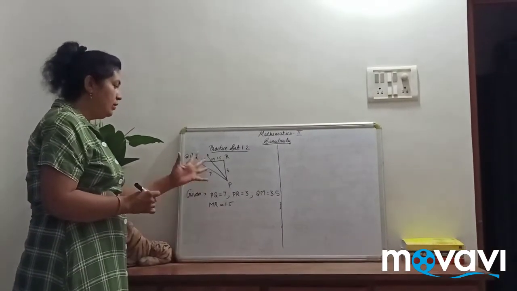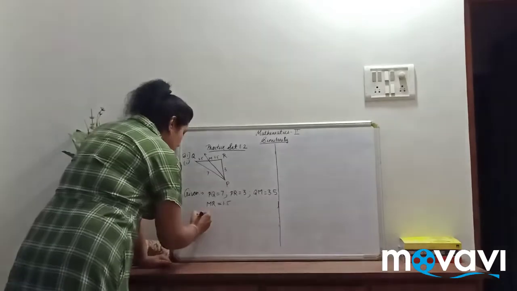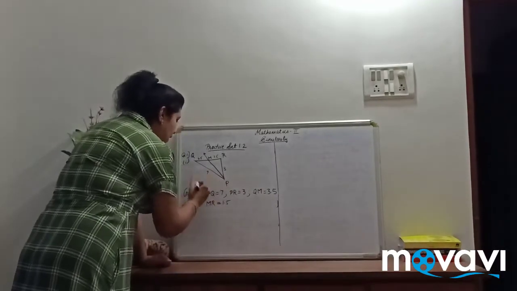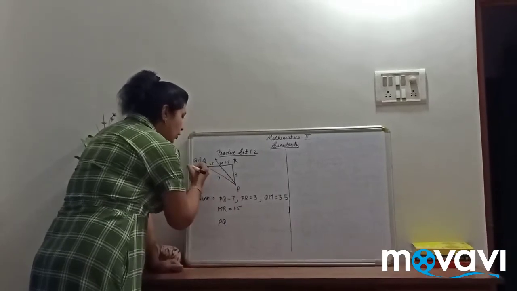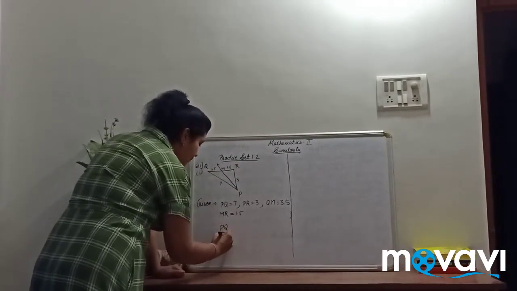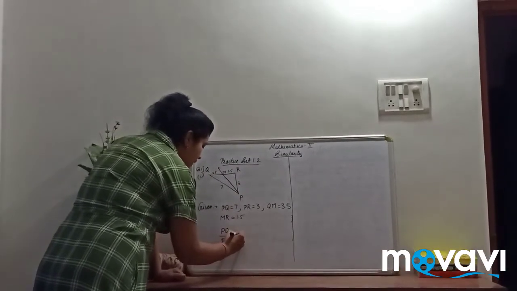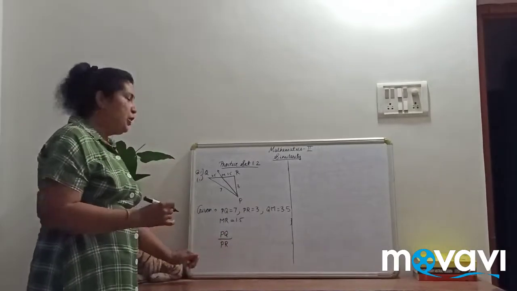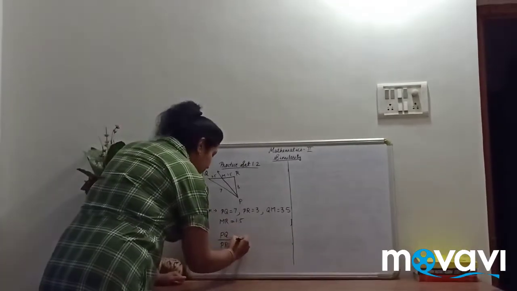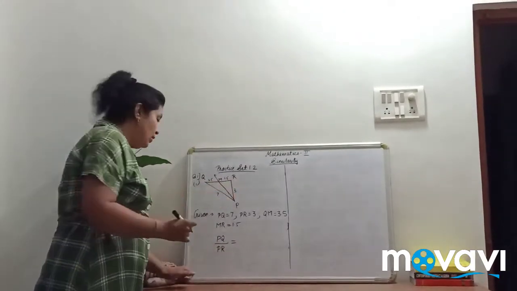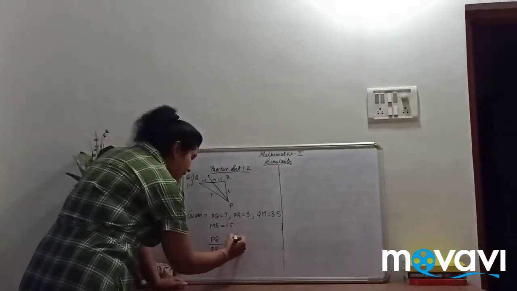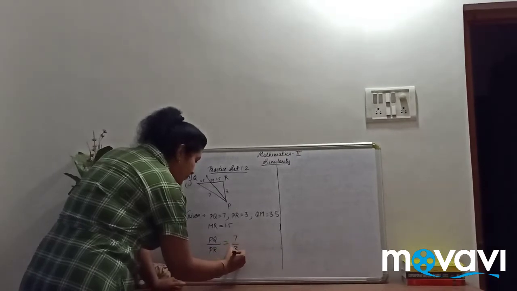Okay. So let us take the ratio. We require the ratio. Say first one, PQ upon PR. Let us substitute the values here directly because we need to show that this is equal to the other. So PQ is 7 and PR is 3.